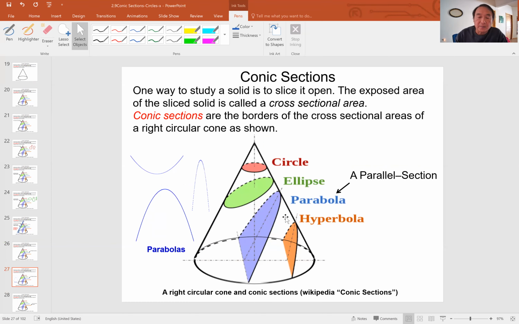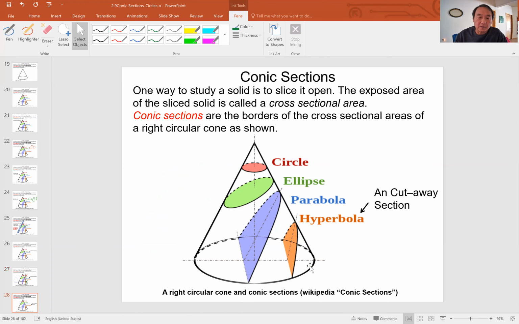Okay. Now, suppose I cut away from the parallel to the edge. Suppose I cut like that and slice out the corners over here. Then what is exposed is a different type of curve.